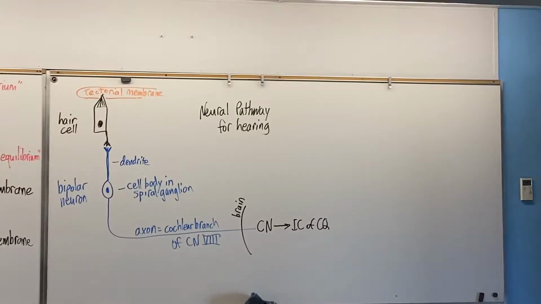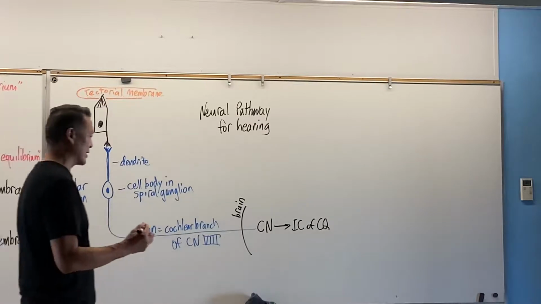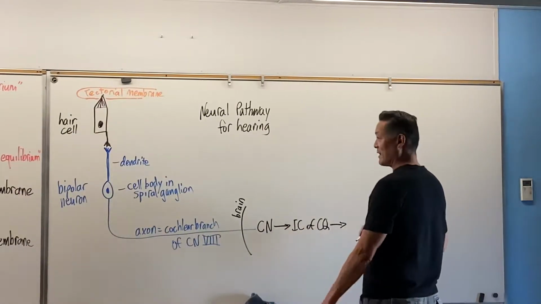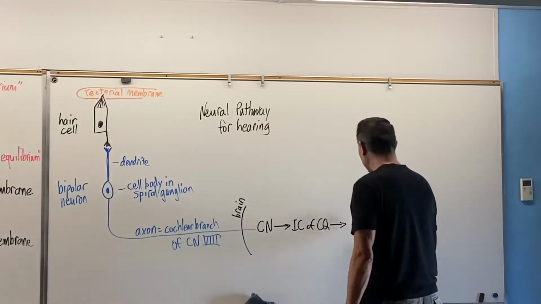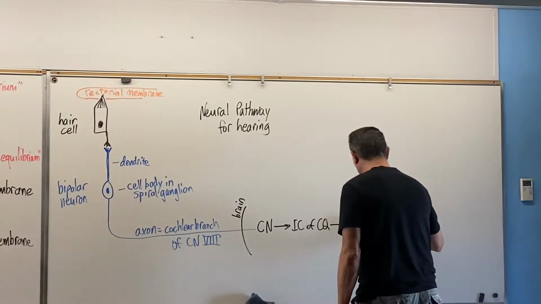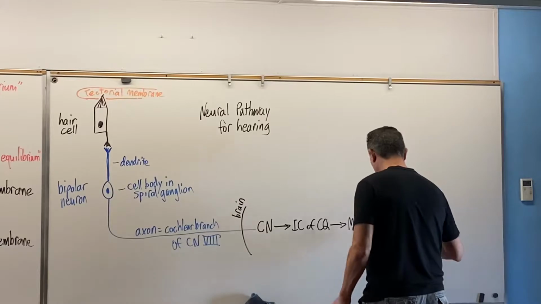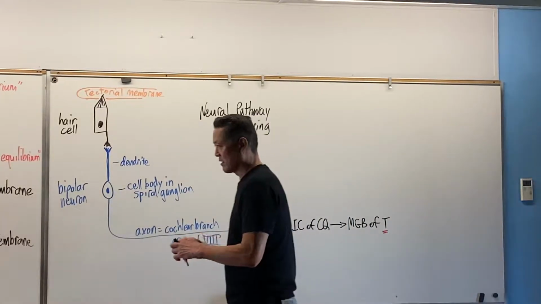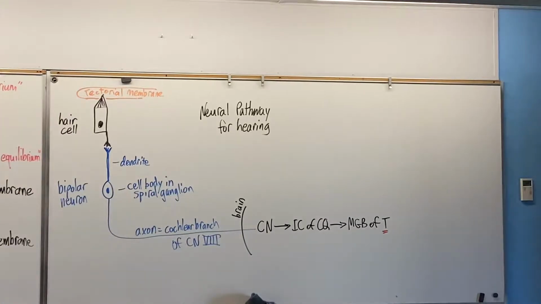Then it's going to go to the thalamus, because all senses except for the sense of smell synapse in the thalamus. But instead of the lateral geniculate body of the thalamus, this is the medial geniculate body of the thalamus. Looks very similar to vision, doesn't it? Then it's going to direct things to the temporal lobes.